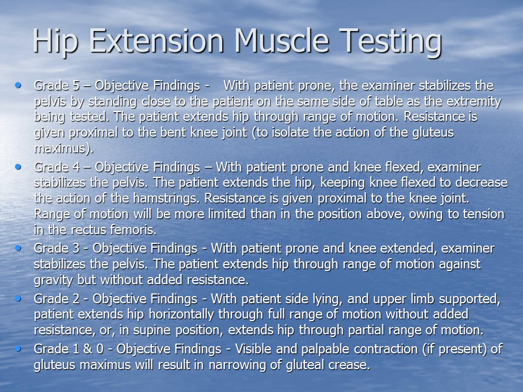And when you palpate this muscle as your subject extends the hip, you're going to want to make sure that there's a contraction of the gluteus maximus muscle, because some people are not skilled at isolating specific muscles, and they may substitute hamstring action for gluteus maximus muscle action.